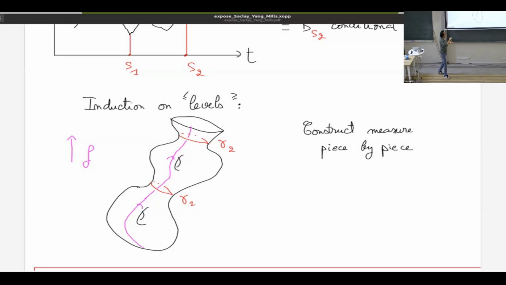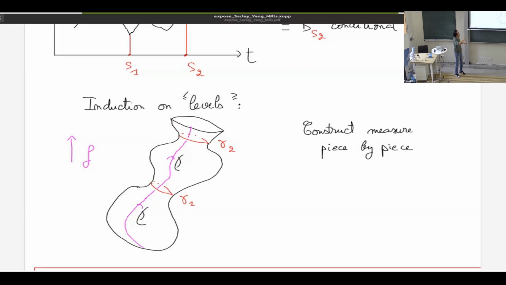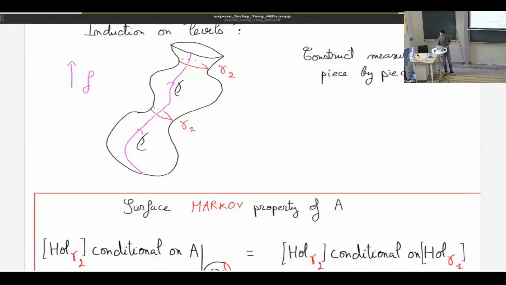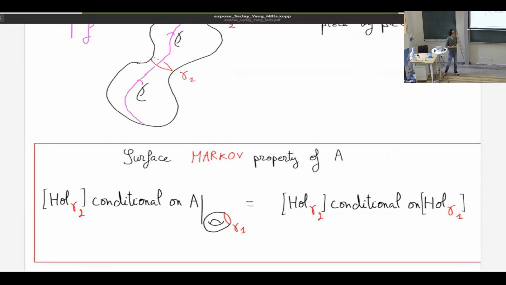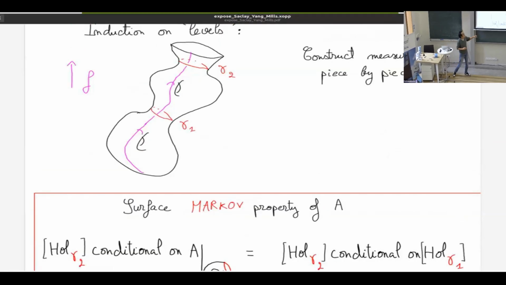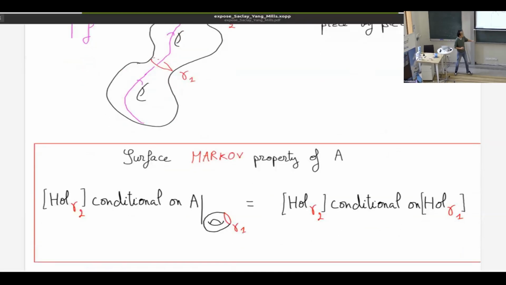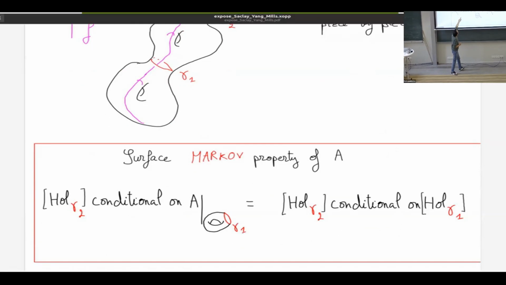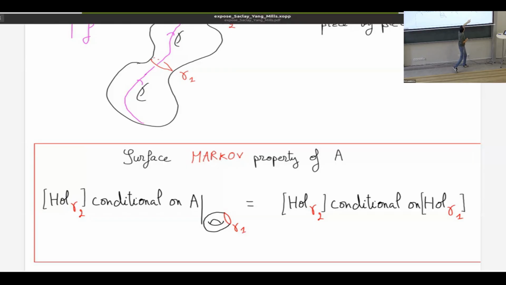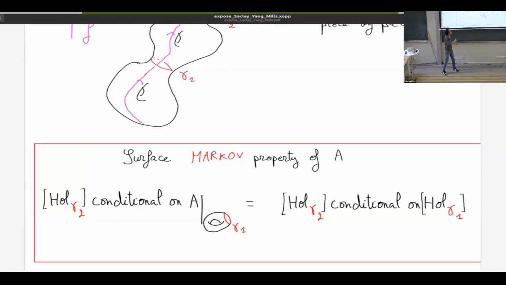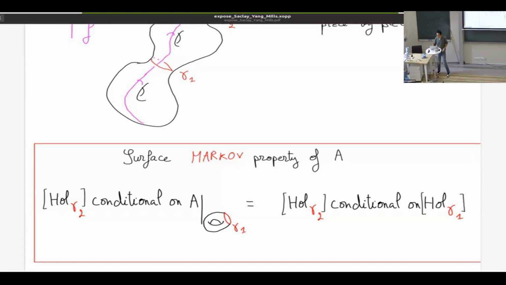So we construct our measure inductively on the levels of the Morse function, and we prove a certain surface Markov property: if you are given the 2 loops, gamma 1 and gamma 2, the holonomy of the random connection over gamma 2 conditional on A on the whole surface below gamma 1 is the same as the holonomy of the connection over gamma 2 conditional on the holonomy over gamma 1. So a kind of surface Markov property for our random field.